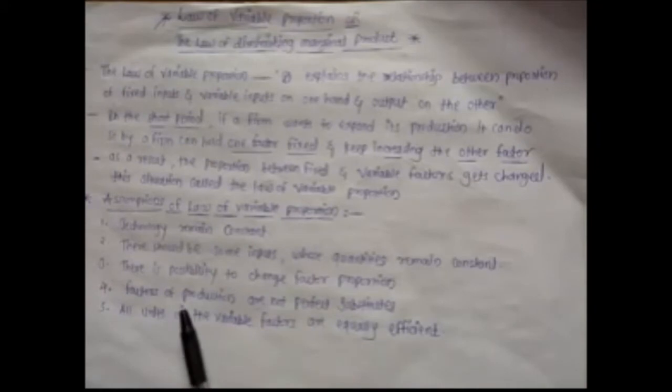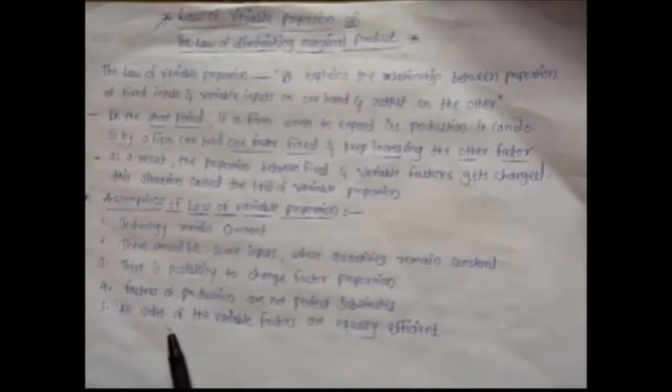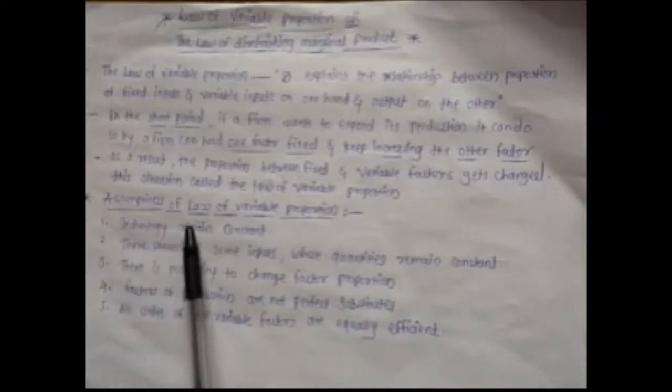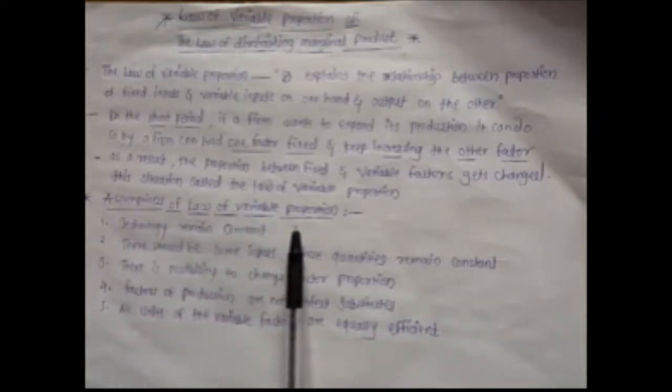Next, the factors of production, land, labor, capital, are not perfect substitutes. Substitute means not similar to each other. All units of the variable factors are equally efficient. These all are the assumptions of the law of variable proportion.